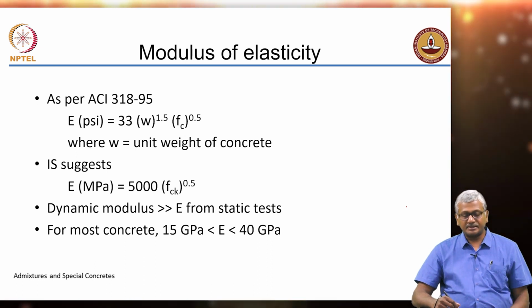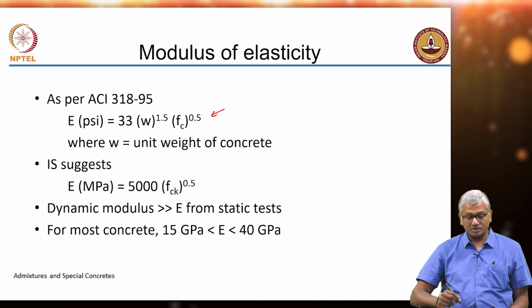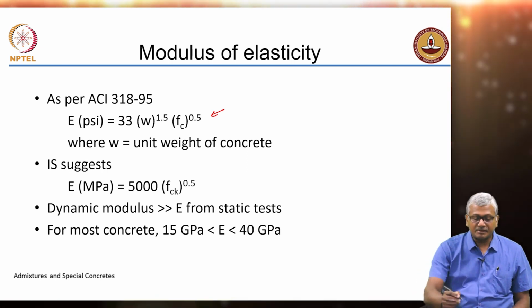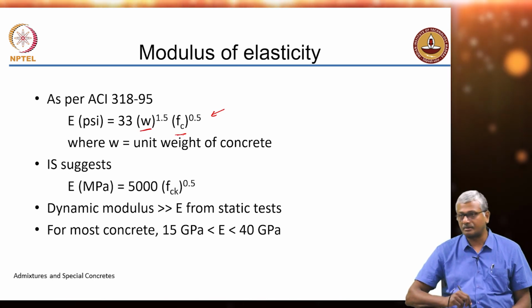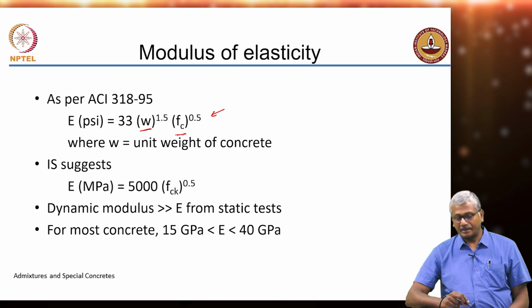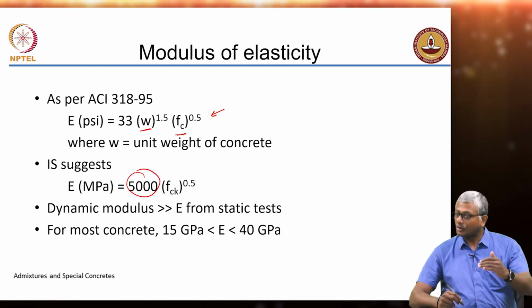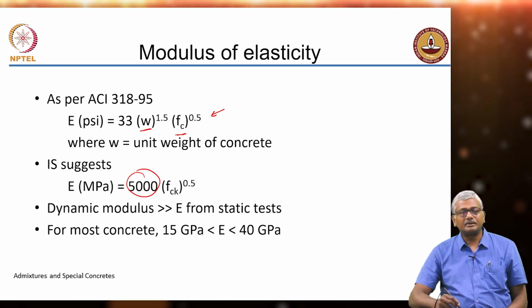For instance, the ACI relationship is derived from this principal equation where the modulus is expressed as some function which depends on the unit weight of the concrete and the compressive strength of the concrete. And actually our IS relationship of 5000 square root of FCK also owes its origin to this particular type of equation.